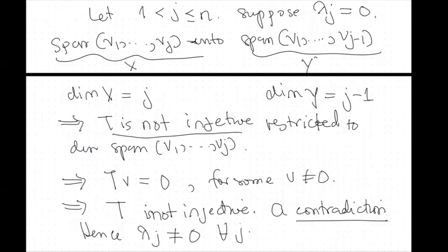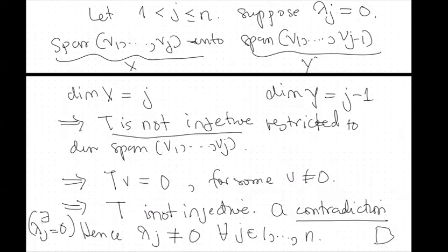That there exists a lambda sub j equal to 0. So lambda sub j is not 0 for all j from 1 to n. I think this ends the proof.